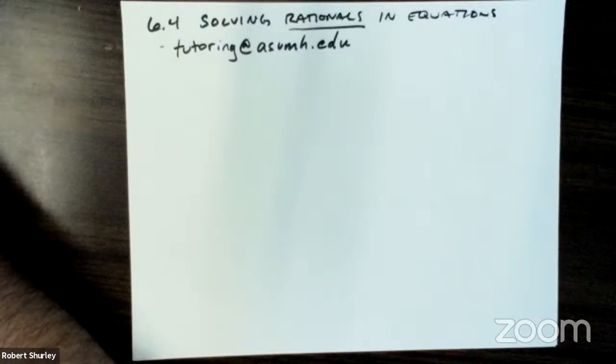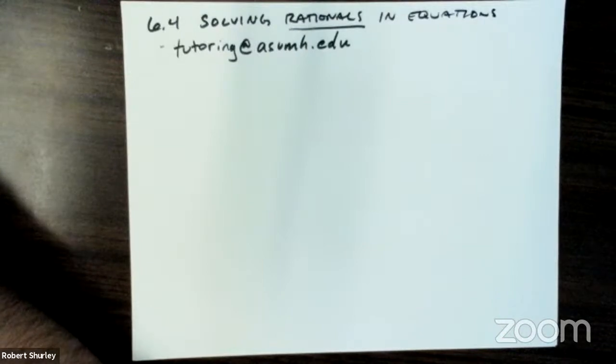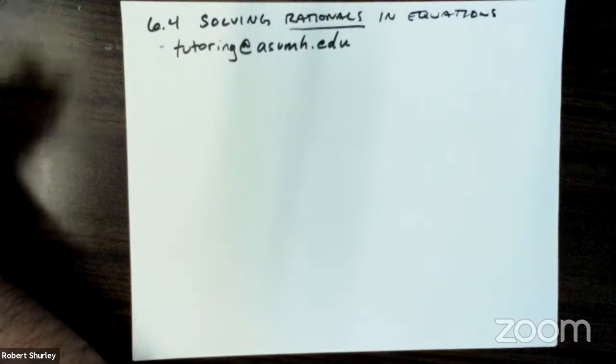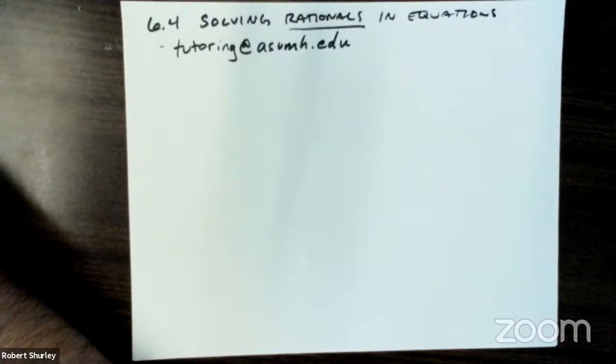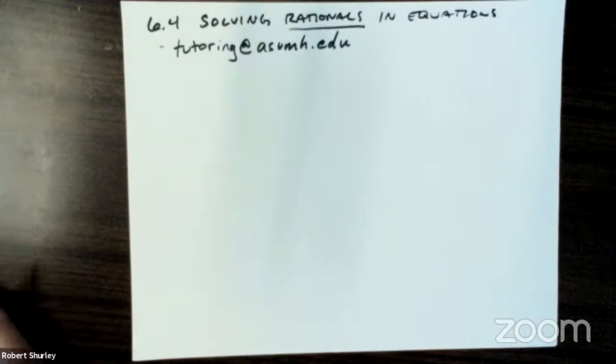We'll get to a few like that. But the goal at first is just to get rid of the fraction. And the way we do that is the same way we got rid of complex fractions, by multiplying every fraction by the least common denominator.